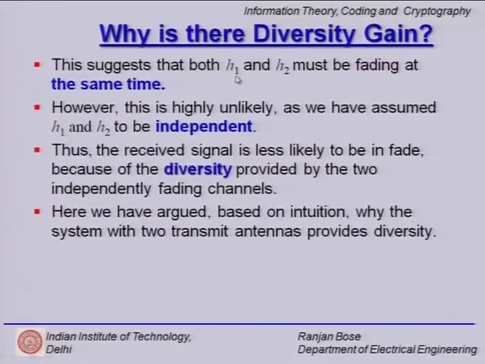If noise must dominate, then H1 and H2 must be fading at the same time, but that is contrary to our assumption that H1 and H2 are fading independently. Intuitively, the received signal is less likely to be in fade because of the diversity provided by the 2 independently fading channels. So, we have argued purely based on intuition why a system with 2 transmit antennas provides diversity. There is a very physical feel to the whole thing.